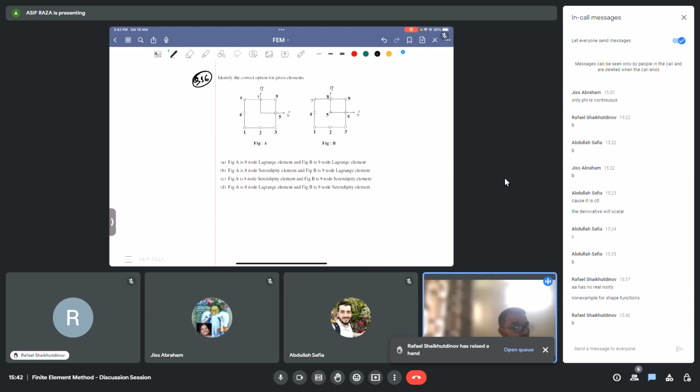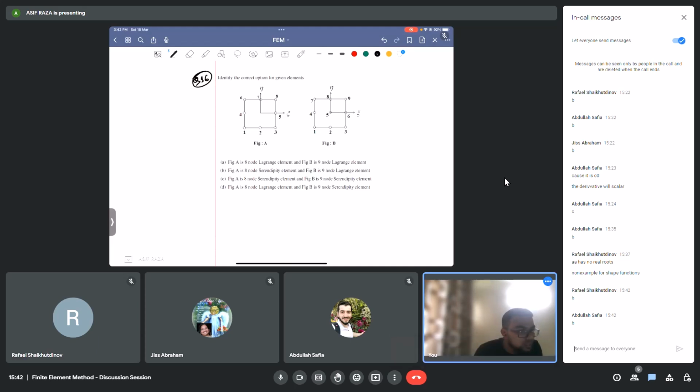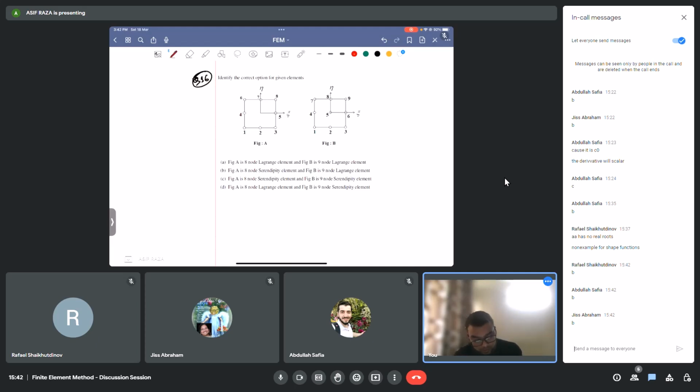The options are: figure A is an 8 node Lagrange element and figure B is a 9 node Lagrange element; figure A is serendipity and figure B is Lagrange; figure A is serendipity and figure B is also a serendipity element; and the fourth statement says Lagrange and serendipity. So all of you have given option B, so everyone is correct. The answer is option B itself.